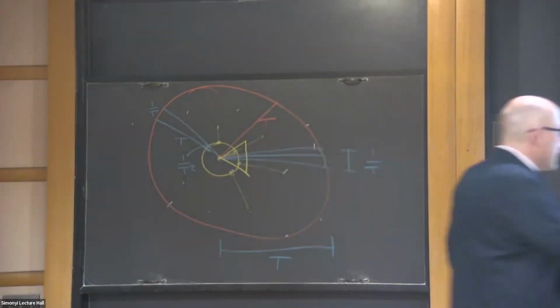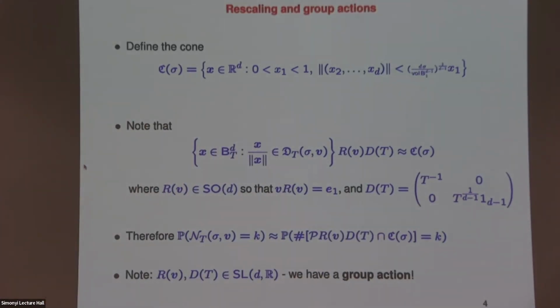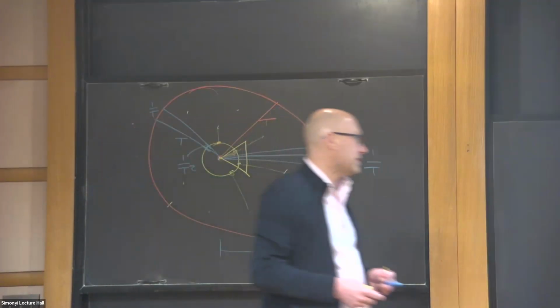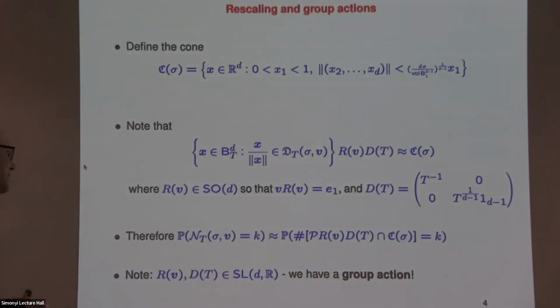And in higher dimensions, as you see, the scaling is slightly different, but these are the right scalings, and you can reflect on this a little bit, that in higher dimensions you get exactly that. The key observation here is that this matrix has determinant 1. The rotation, of course, also has determinant 1.